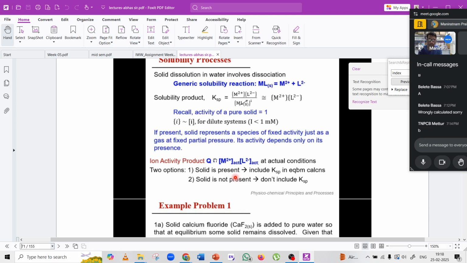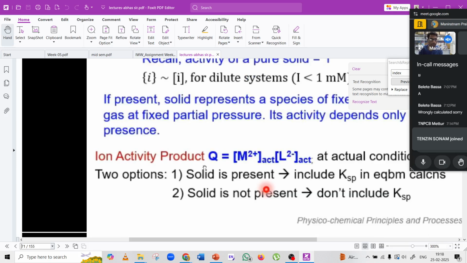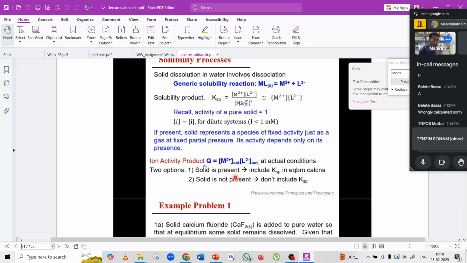This is the general term, but in actual conditions, KSP is at equilibrium condition, and Q is at any time, the actual condition.